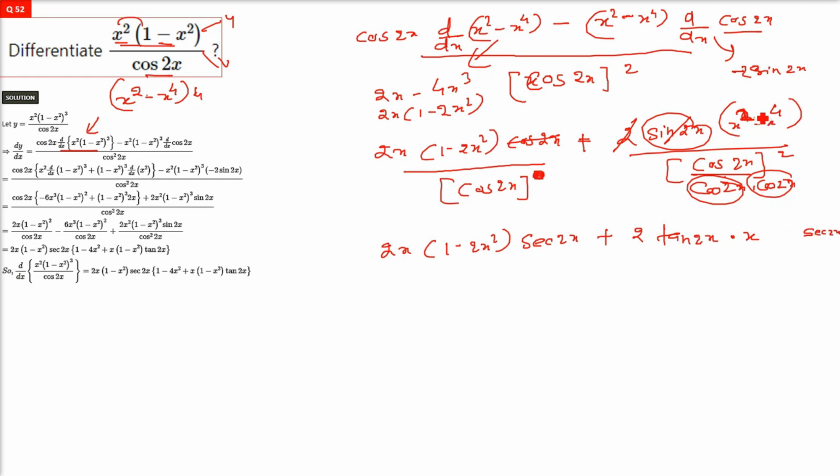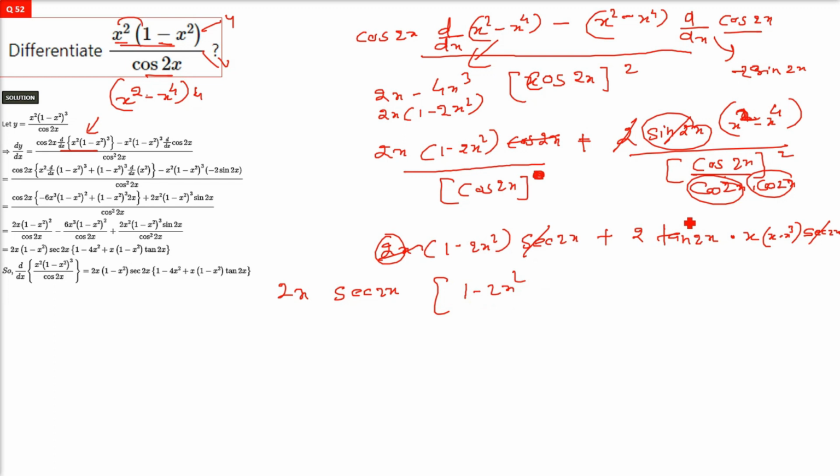This is the inversion of cos 2x. Now what is remaining when you take x outside from x square minus x to the power 4? It is going to be x minus x cube. Now sec 2x, let us take common. 2 also you can take common. So 1 minus 2x square will be inside.